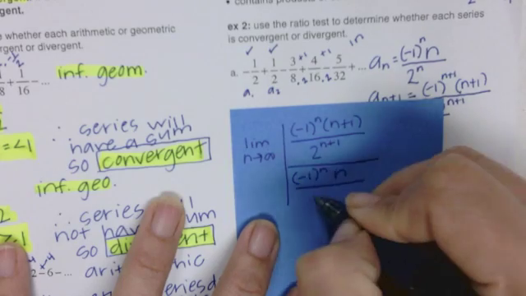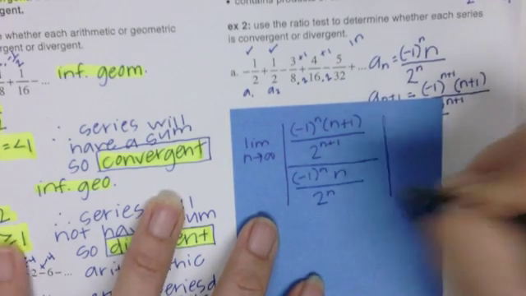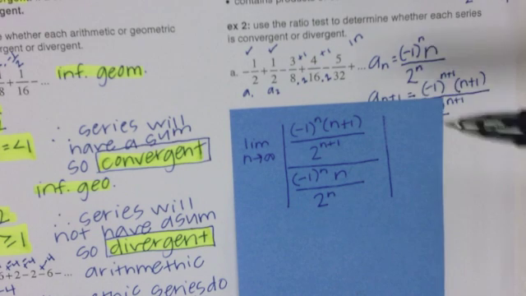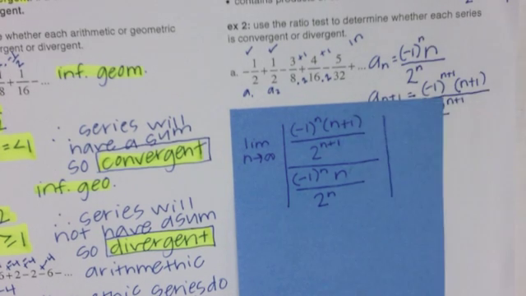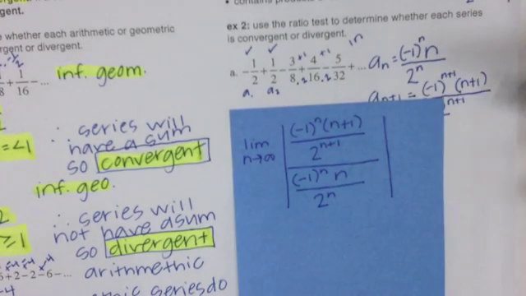Cool. Well, what do we end up having here? We end up having a complex fraction. So how do we get rid of complex fractions? We copy dot flip. Well, guess what? In all of these limit problems, you're always going to be doing copy dot flip.